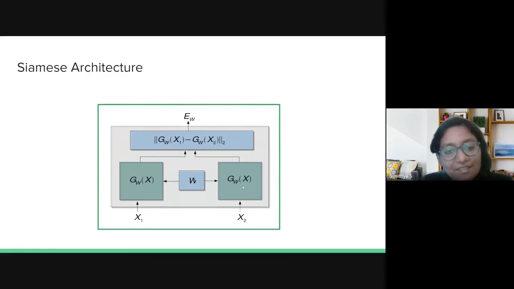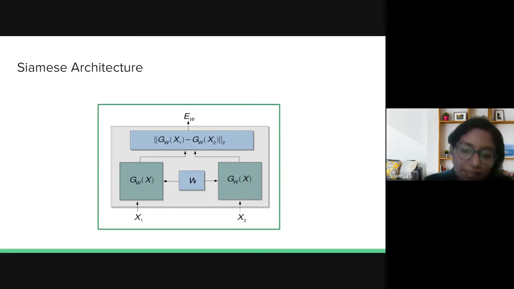Where have we seen this? In RNNs, for example, the weights were tied for the hidden state. So it's a similar notion where you have to maintain the weights on both sides. Now, why are we doing this?